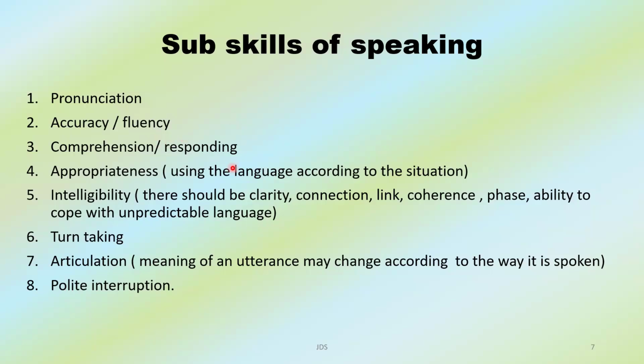That is known to be fluency. We'll be focusing on that. Then listening comprehension. If we listen, we'll be able to comprehend what is being spoken to us. So that is also identified as a sub-skill. And also appropriate response. The more we comprehend, appropriate responses can be given. If we don't comprehend, then we will give irrelevant responses.